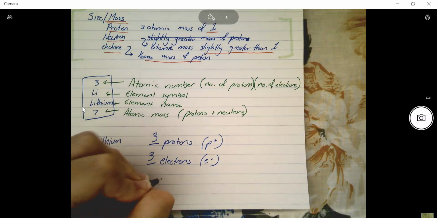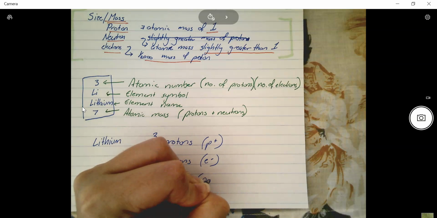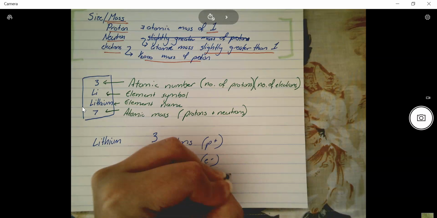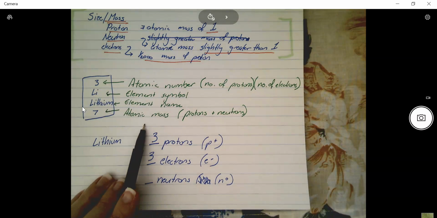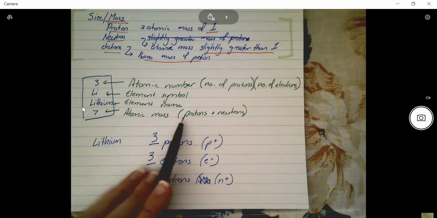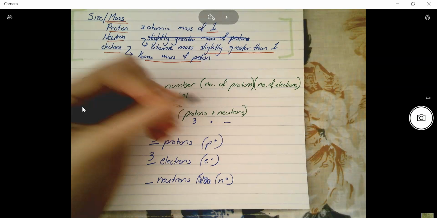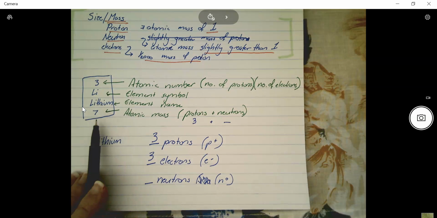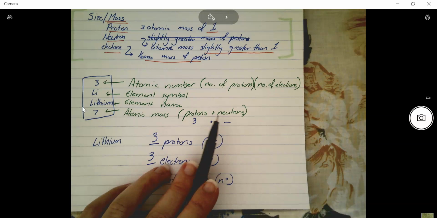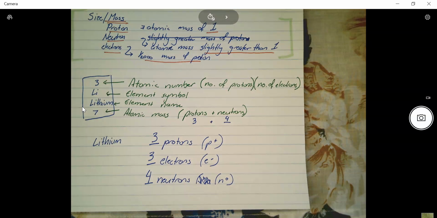Finally, how many neutrons does lithium have? Well, we know the atomic mass is protons plus neutrons. We know that lithium has 3 protons. So 3 plus what gives us 7? 4. So we have 4 neutrons.